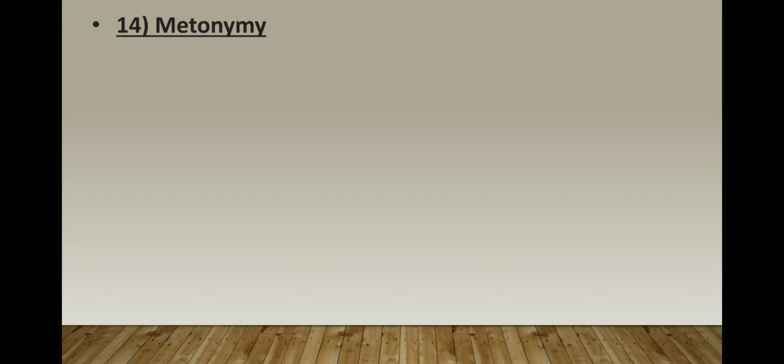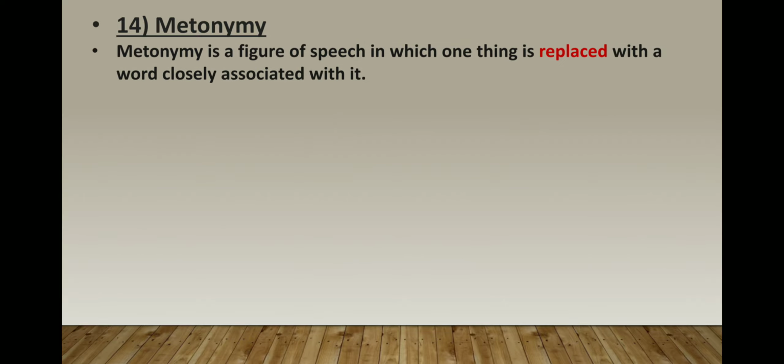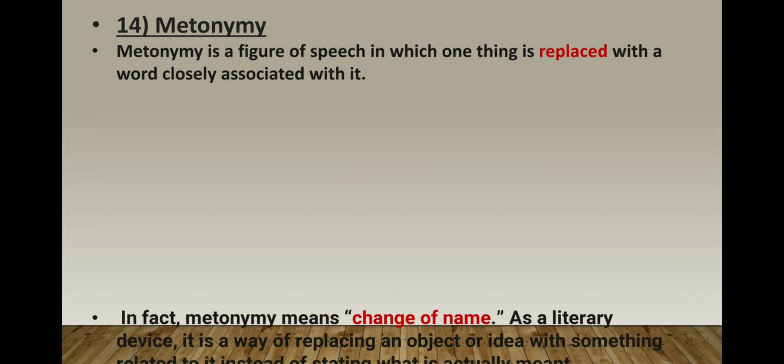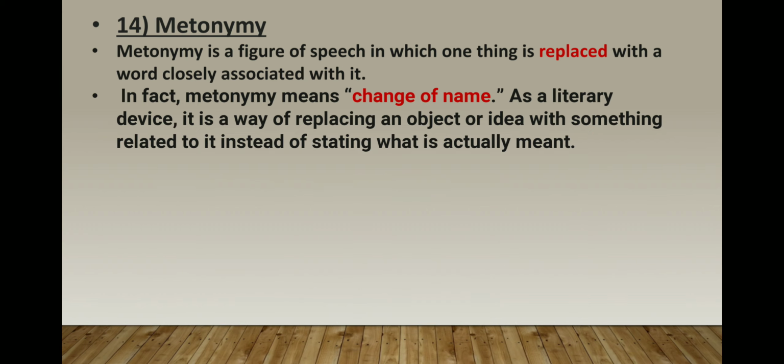On number 14, we have metonymy. Metonymy is a figure of speech in which one thing is replaced with a word closely associated with it. Let's make it better. In fact, metonymy means change of name.